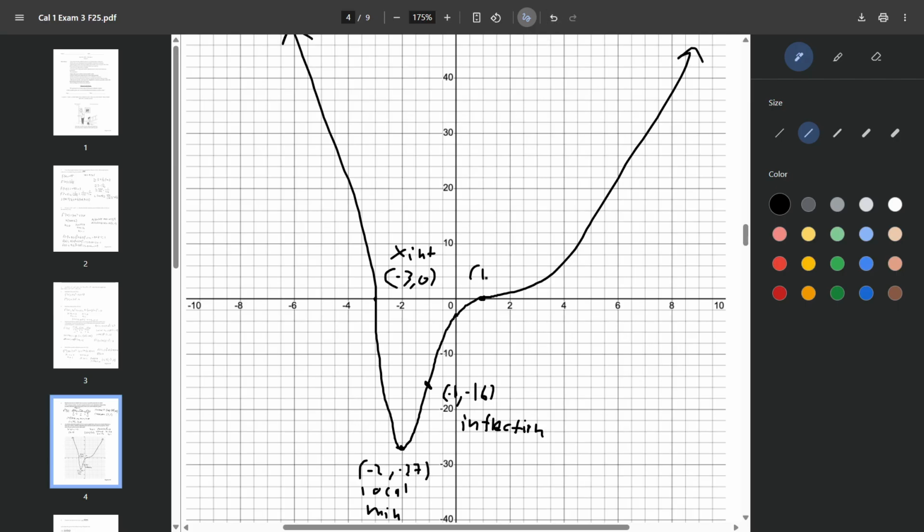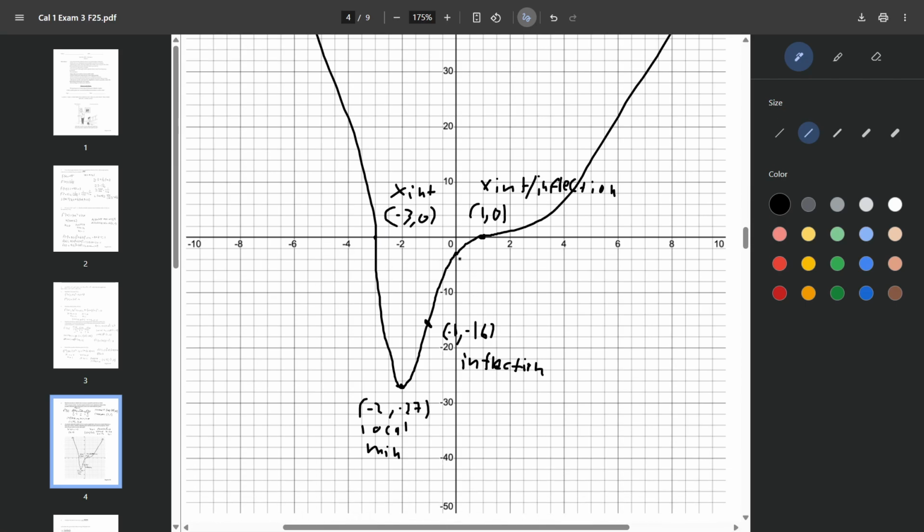At 1, comma 0, we're also going to label that as x-int and inflection point. Are there any other points?